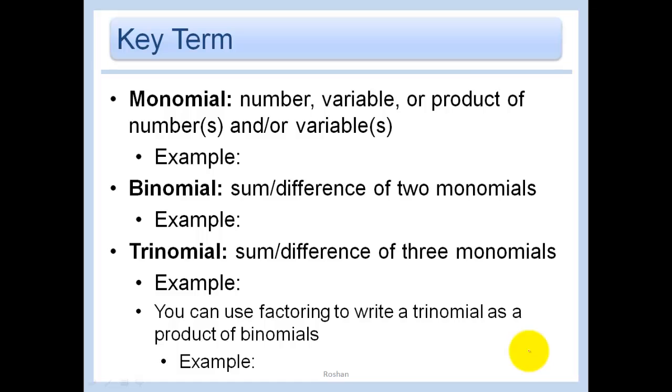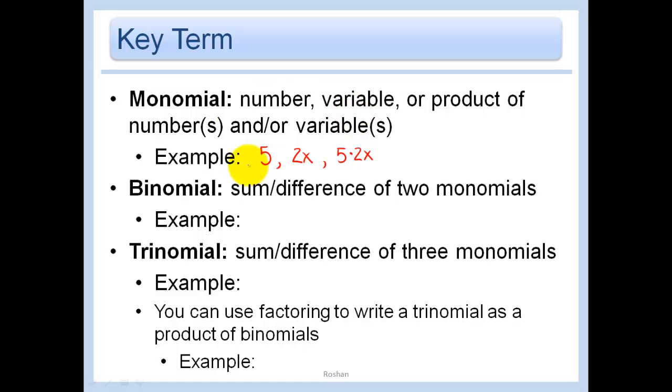Let's begin with some key terms. A monomial term is just a number, a variable, or a product of numbers and or variables. So something like 5, 2x, even 5 times 2x. It's just a term, and those are monomial terms. A binomial term is a sum or difference of two monomials.